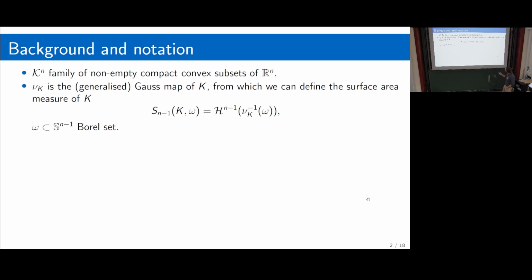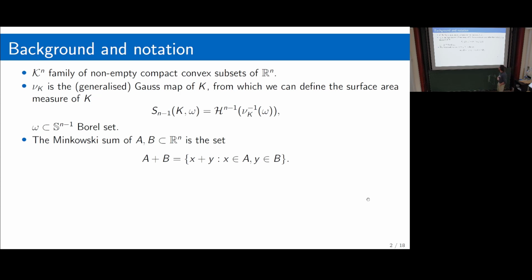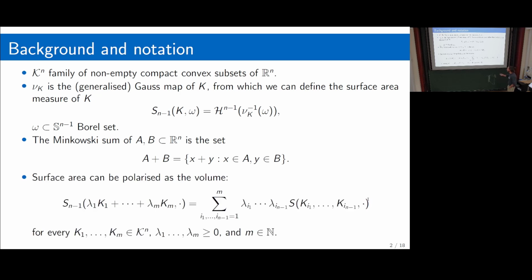Another notion that we need is the Minkowski sum, which we're familiar with. We just take all the possible sums between the elements of the two sets. What happens when we consider an interaction between the surface area and the Minkowski sum? This is sometimes called polarization, but it's the same thing as the Minkowski formula for the volume.